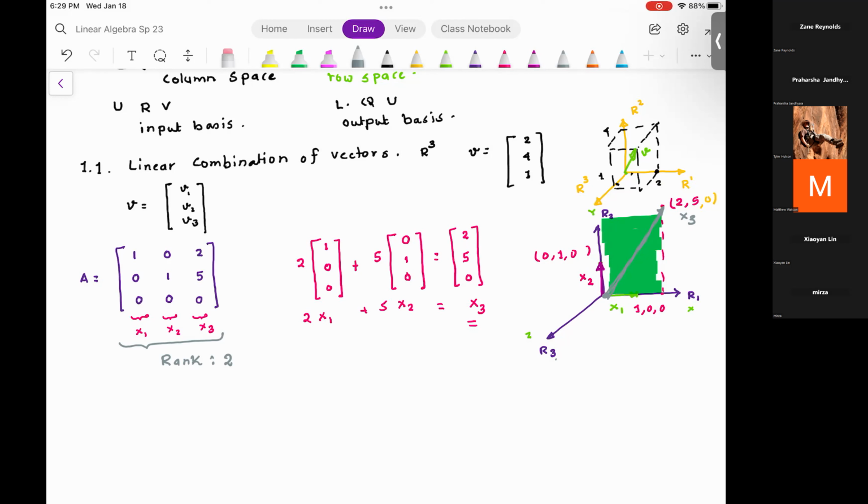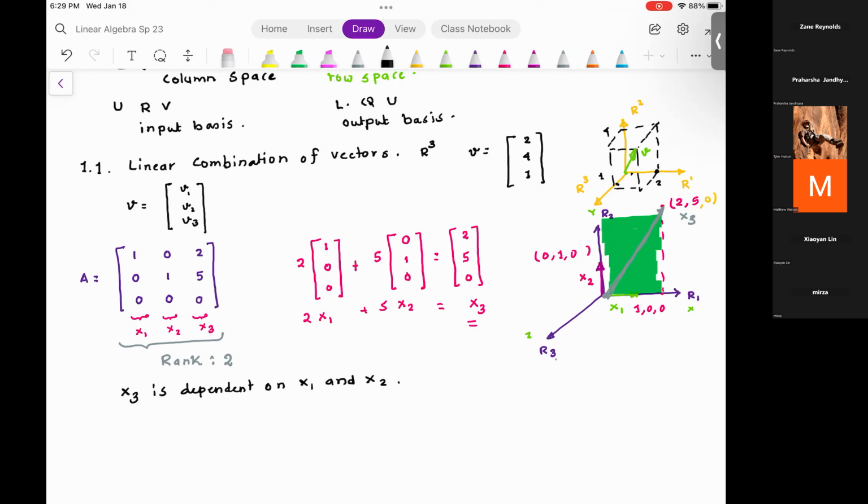So this is what is called a basis representation. The other way to say that is vector x3 is dependent on x1 and x2.